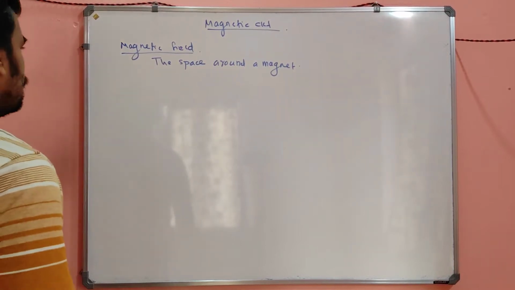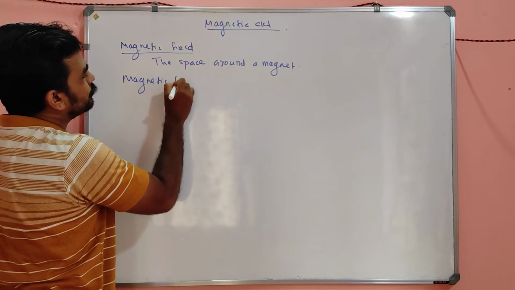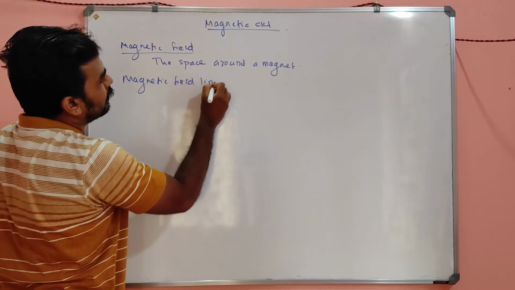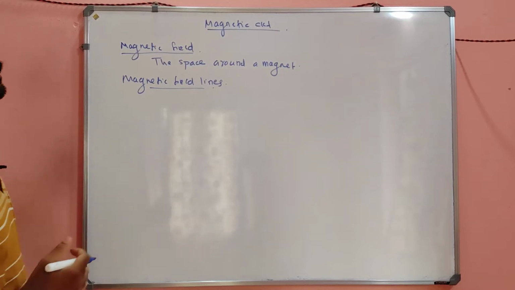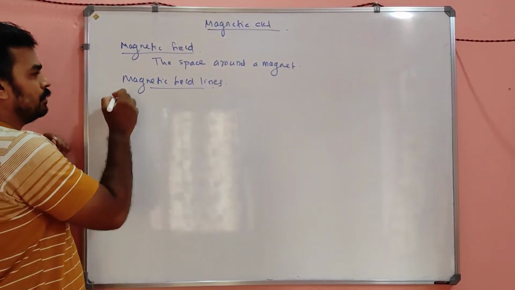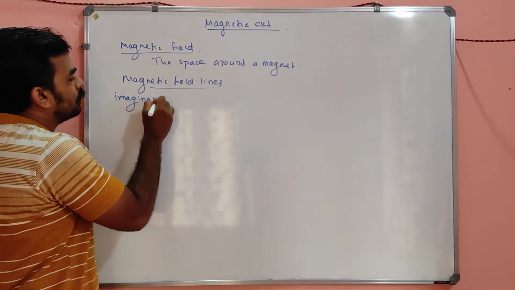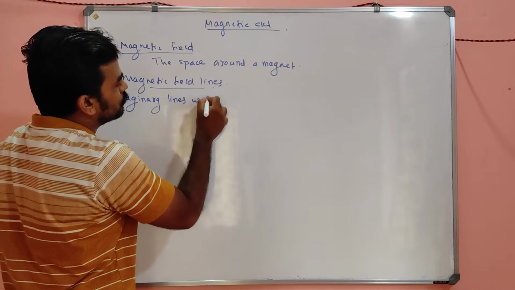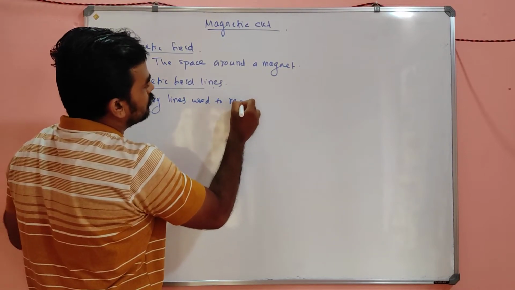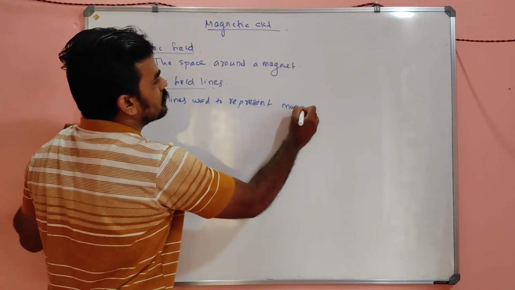Next, magnetic field lines. A magnetic field line is an imaginary line used to represent magnetic flux.